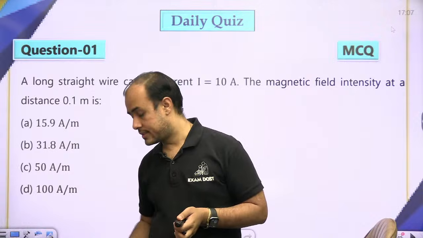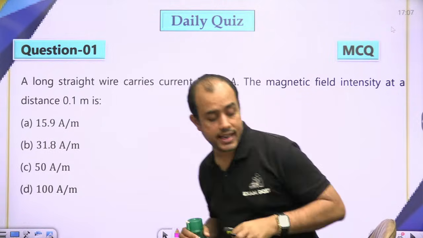चलिए, come to this. A long straight wire carries 10 ampere.